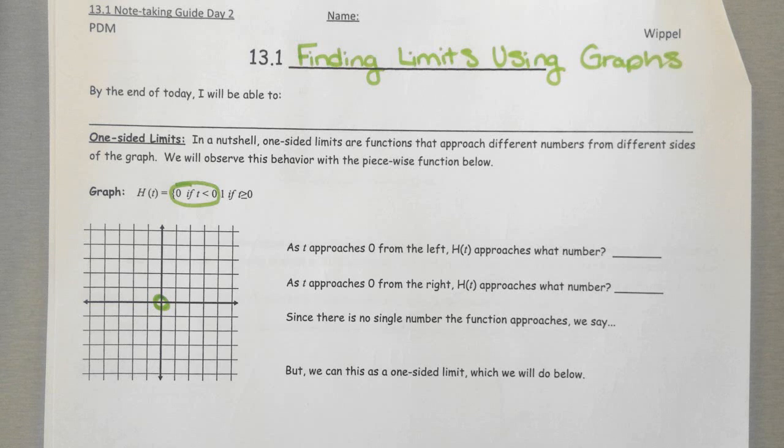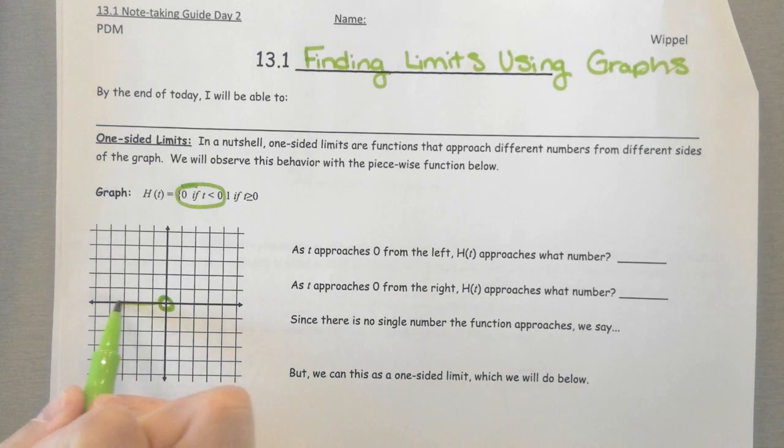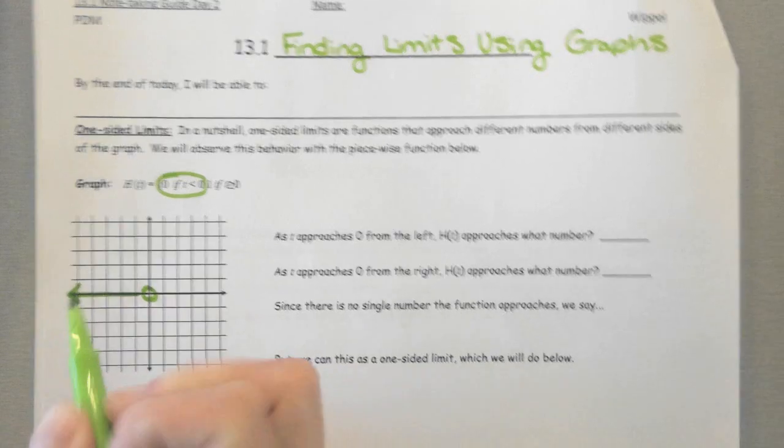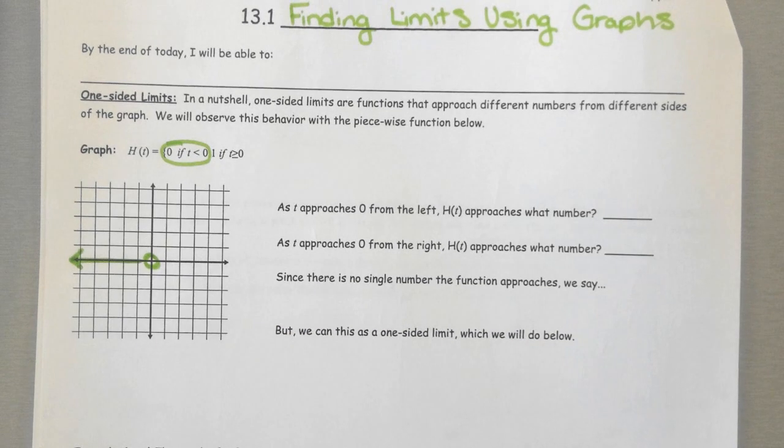I have an open circle at 0, and I'm going this way. Let's make sure we understand why. Remember, when it's equal to just a number, that's something horizontal. So I have a horizontal line at 0. It's starting at 0, but not equal to 0, and it's going smaller. So that's what this graph shows.